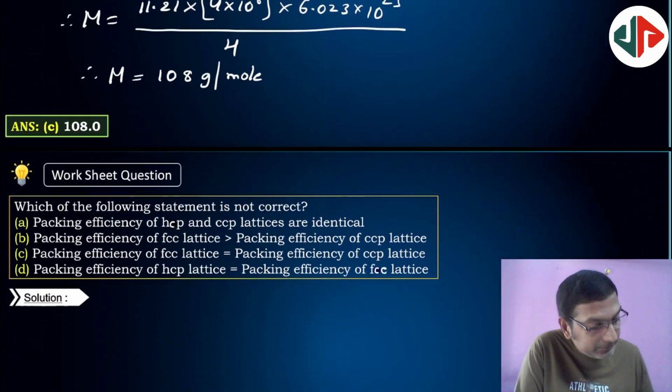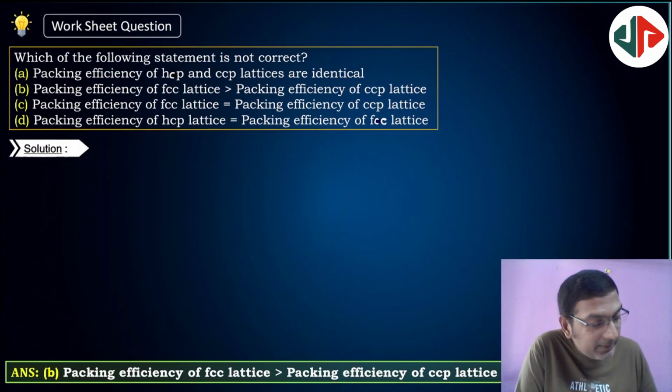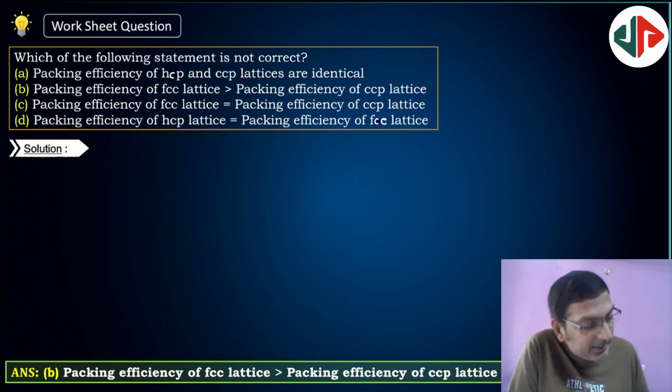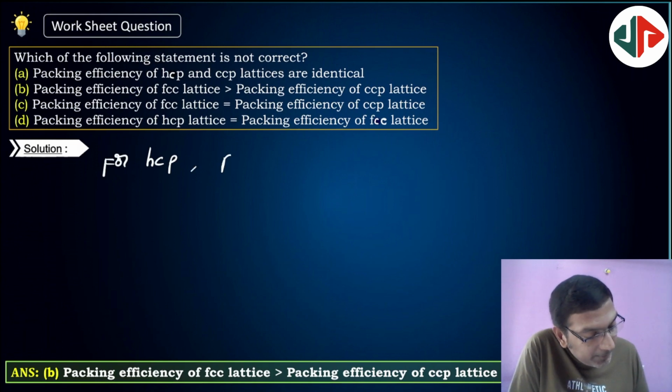Next. Which of the following statements is not correct? Packing efficiency of HCP and packing efficiency of CCP are given. For HCP, packing efficiency is 74%.